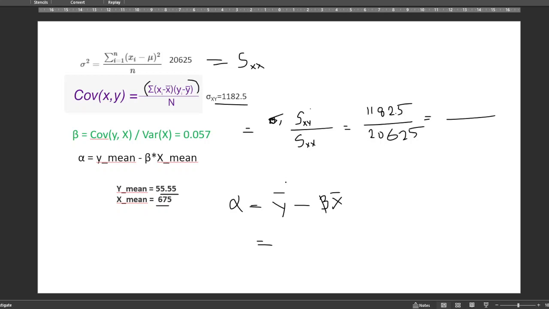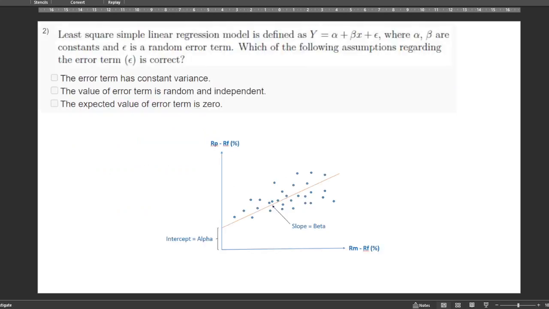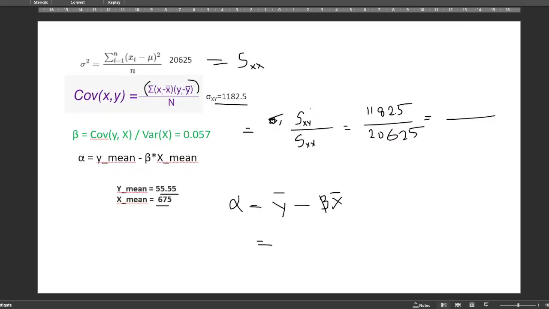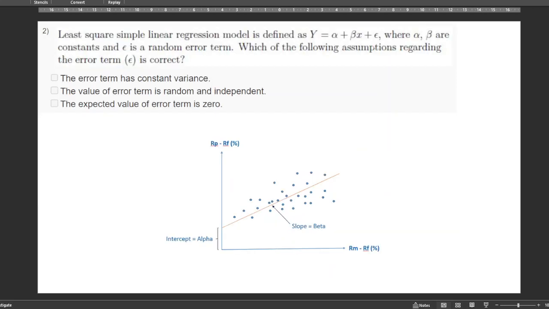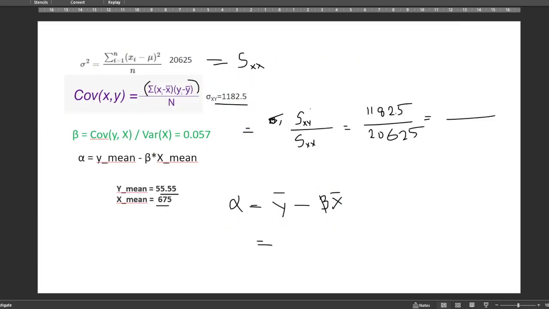Alpha is close to 17.13. So we have found alpha and beta, and the answer is done.